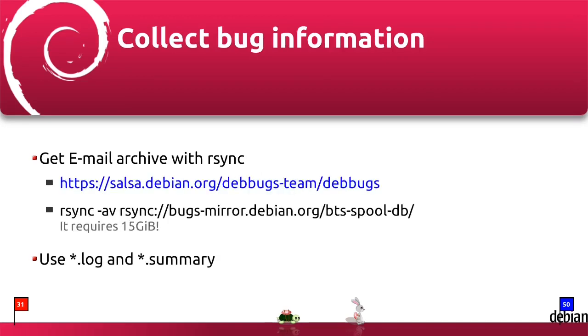To collect email archives, we can use bugs mirror with everything. Email archive contains raw and summary files.